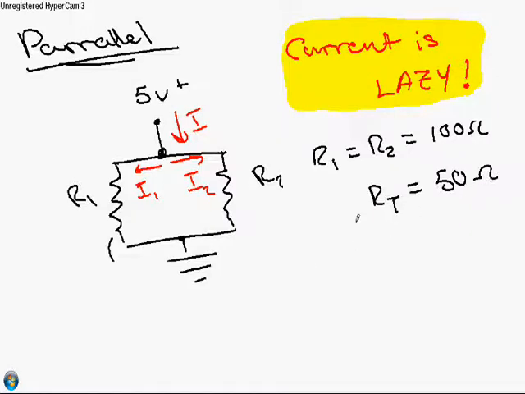Okay, so if you calculate V equals IR for that, we know the voltage is 5 volts. I'll rewrite, current is V over R. So that's 5 over 50, which is 0.1 amp.